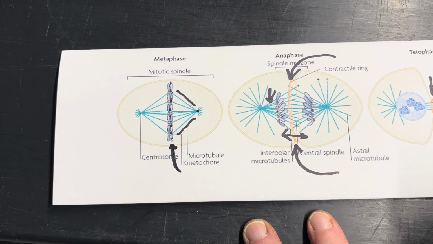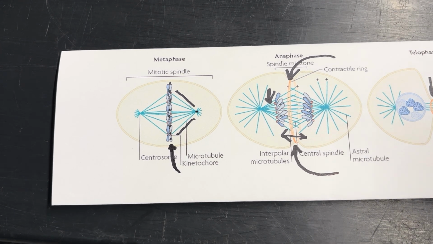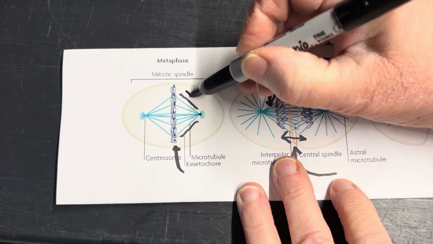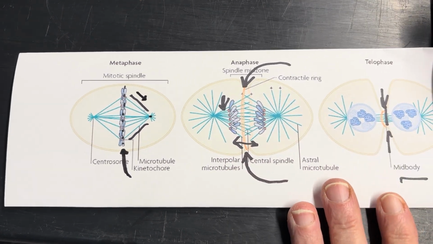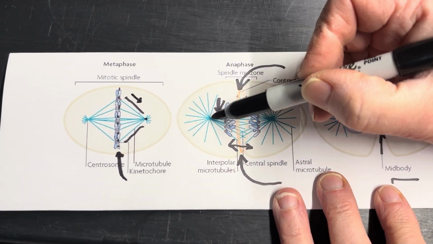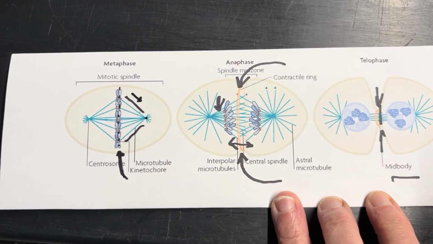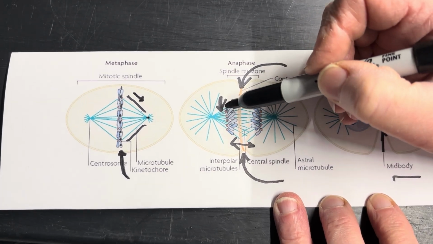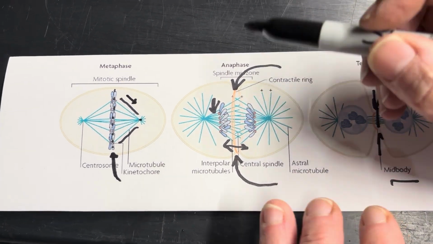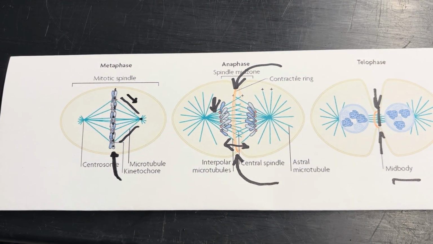And then what's so great is that because these microtubules are dynamic, meaning they can change shape, they can change length, they can change all kinds of ways, the microtubules start to shrink. And when they start to shrink, look, this size is much smaller than over in the newly established dividing cell. And when these microtubules start to shrink, guess what? They start to pull apart the replicated chromosomes.